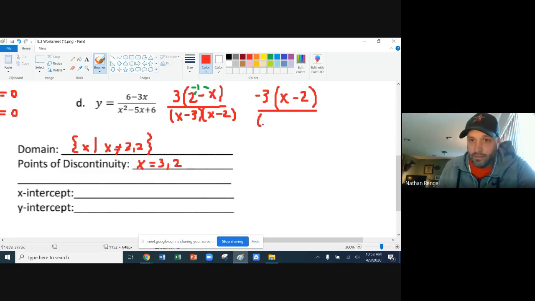Down here, I had the x minus 3, x minus 2. Looking now, I've got something that's removable. X minus 2 removes, x minus 2 removes. So there's my removable, which will make a hole. So we're going to have x equals 2 that is removable, which makes it a hole.